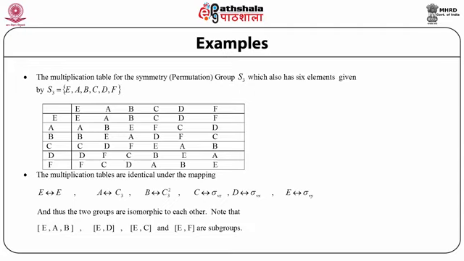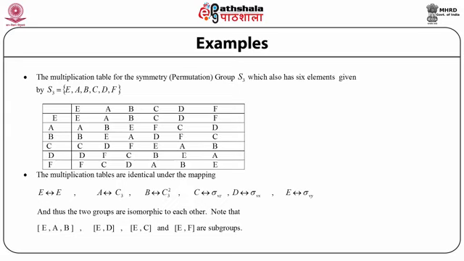These two groups with this mapping can be easily seen to be isomorphic to each other, because there is a one-to-one correspondence between the elements of the symmetry group and the rotation group D3, such that the group multiplication is preserved, and therefore the two groups are isomorphic to each other.